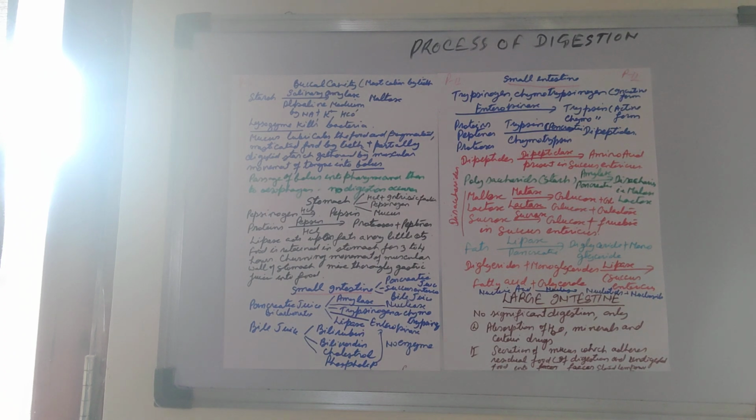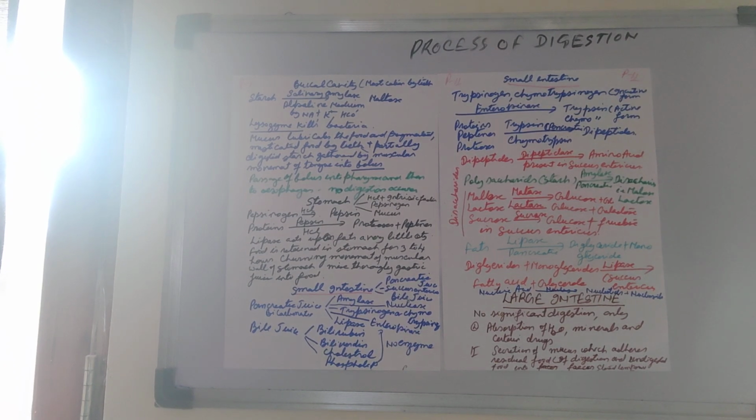What is passive absorption? Some glucose molecules and some amino acids can pass directly into the blood capillaries of the microvilli, following the law of concentration gradient. Simply, they are diffused along the concentration gradient.